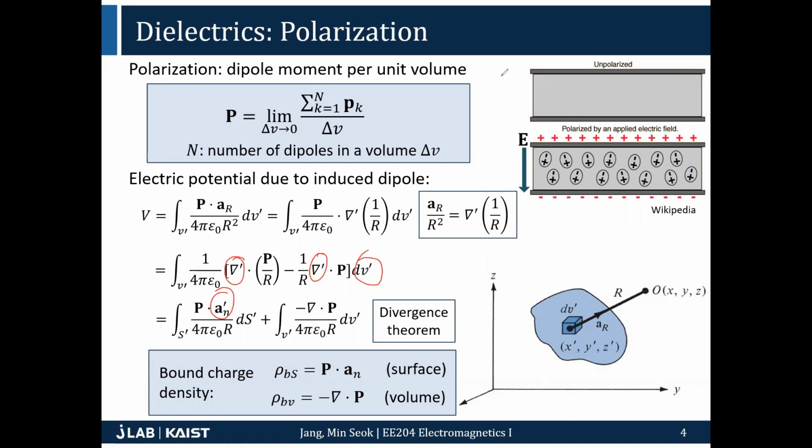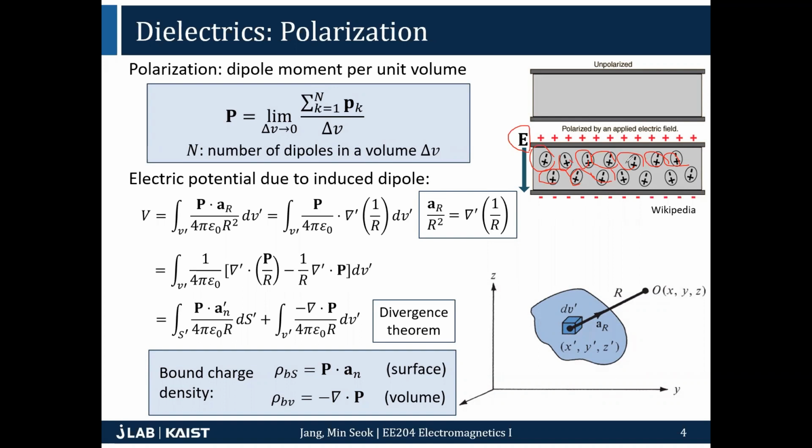Okay, so long story short, I don't want you to memorize everything here, and it's not actually too important to understand all the steps here. But what I want to convey is that if you apply the electric field, materials inside become polarized, right? The molecules and atoms inside that dielectric become polarized, and because of this polarization, you have a different electric field inside the material.